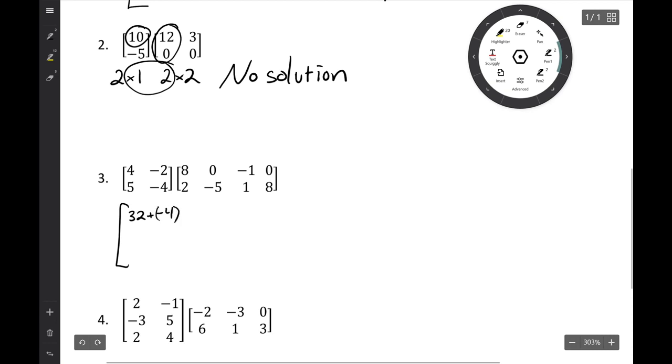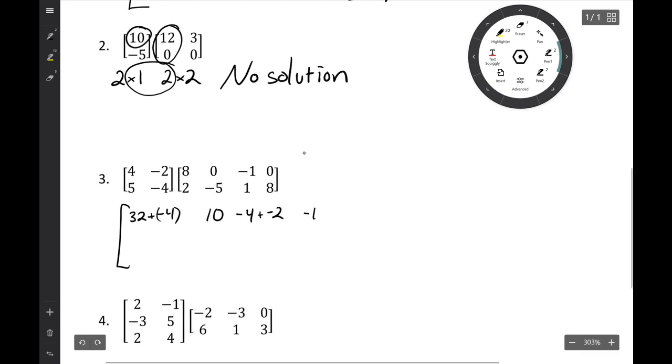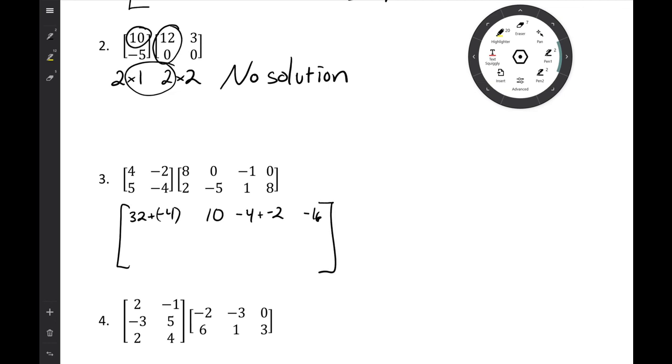The next entry is 4 times 0 is 0, -2 times -5 is +10. 4 times -1 is -4. -2 times -1 is plus 2. And then I have 4 times 0 is 0 again. -2 times 8 is -16. So you can see I showed as much work as I needed to, really.